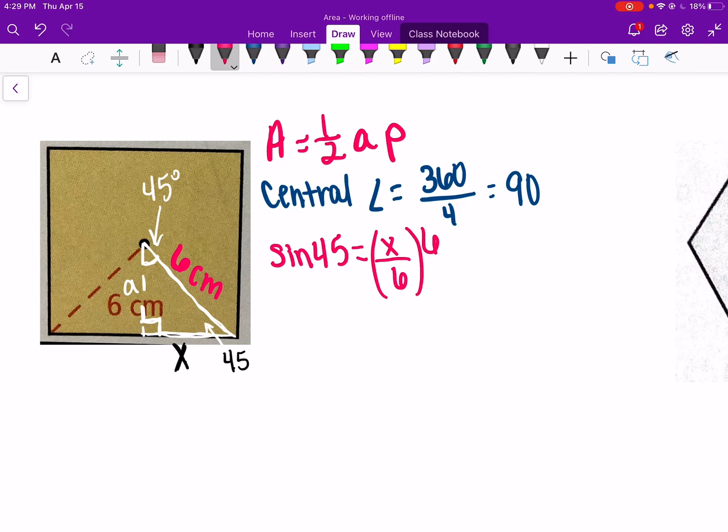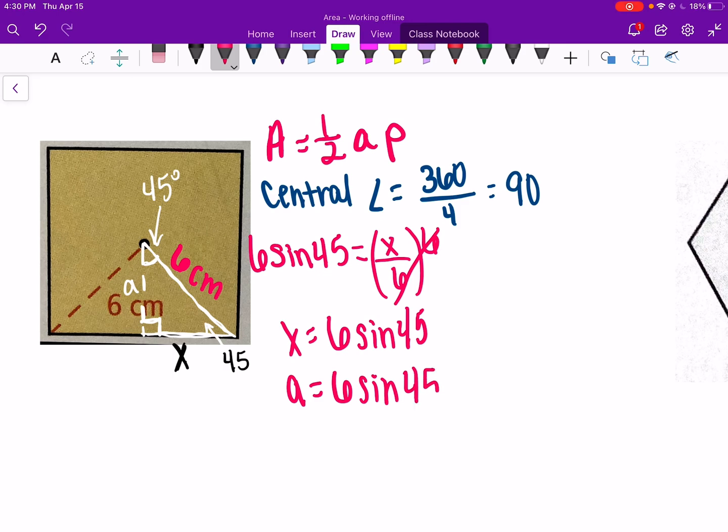Then all we need to do to solve is multiply by 6. So x is equal to 6 sine of 45. And that means a is also 6 sine of 45. So we have our apothem, and we need the perimeter.